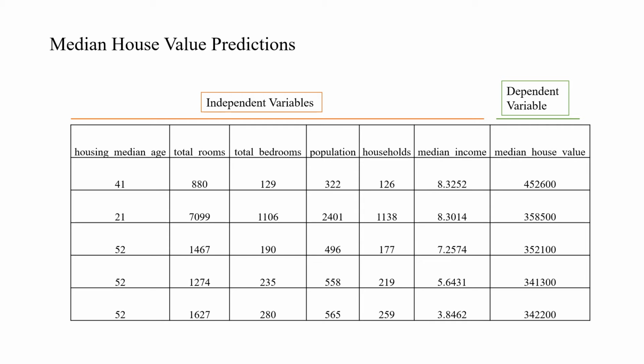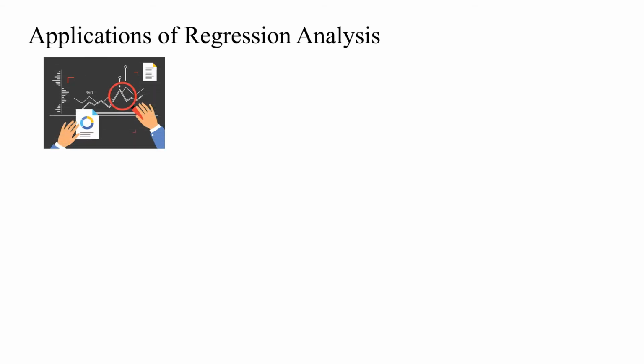Now let us look at some more examples of regression. The first thing that we are going to talk about is sales forecasting. Sales forecasting is done using regression analysis. Consider an example.